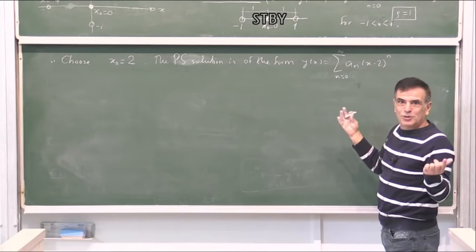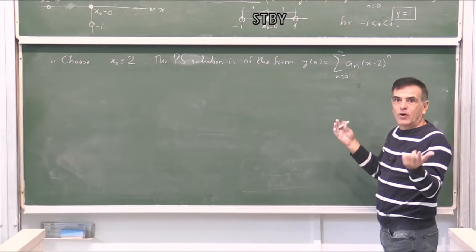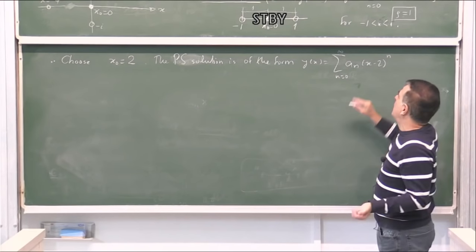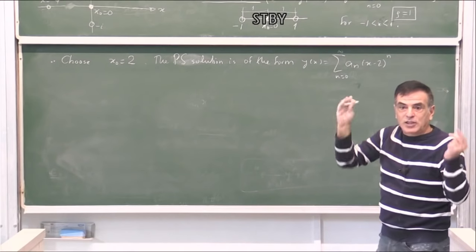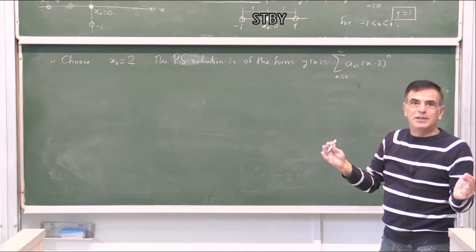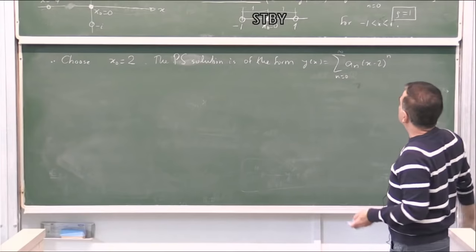We just use an as a symbol for the coefficient of the series. Of course, if you expand the solution about 2, the coefficients will be different than the coefficients of the solution expanded about the origin. Good? But we use the same notation.